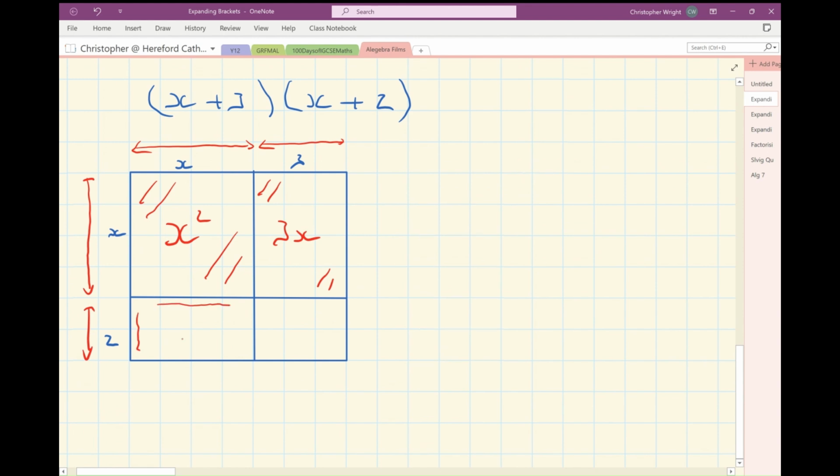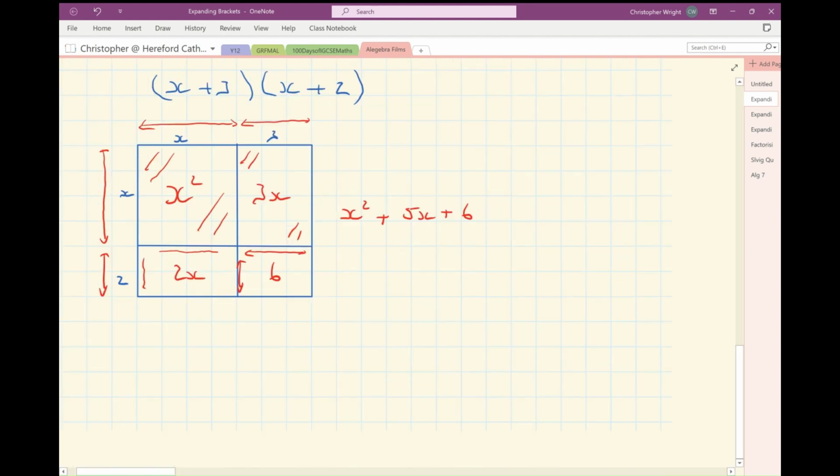So 2 times x has an area of 2x. And this rectangle here is 3 long and 2 high. 3 2s are 6. So altogether, the area of my rectangle is x squared plus, I've got 3x plus 2x, 5x plus 6. So that's the answer to x plus 3 multiplied by x plus 2.